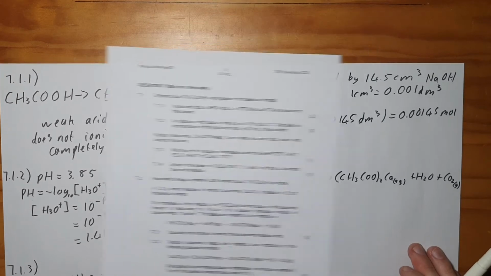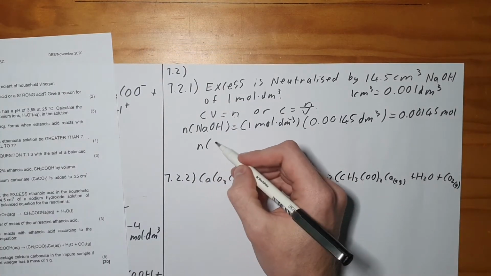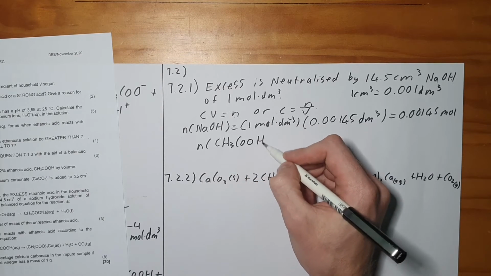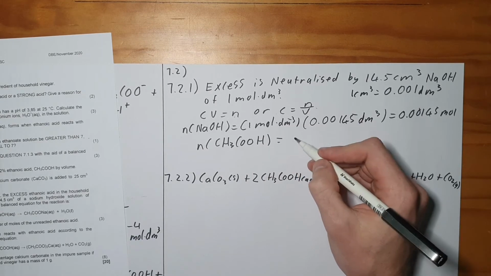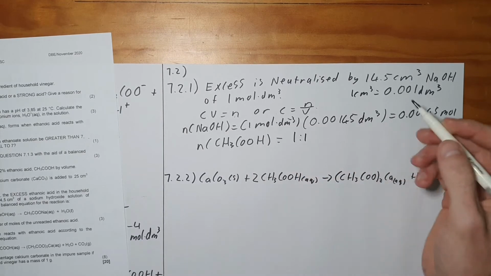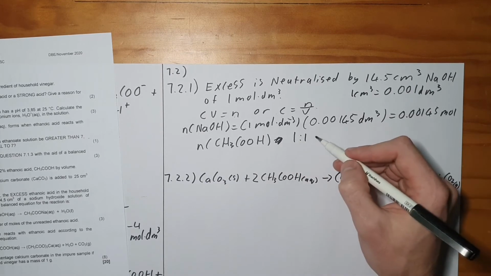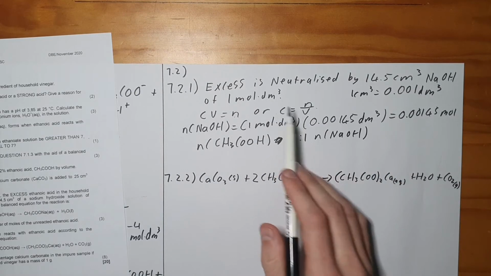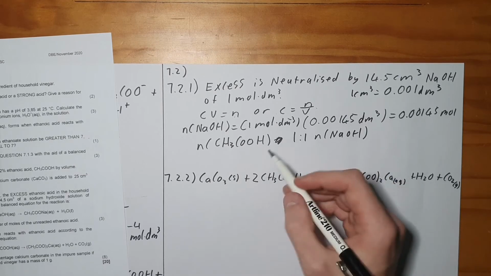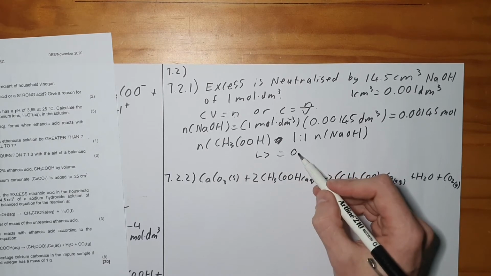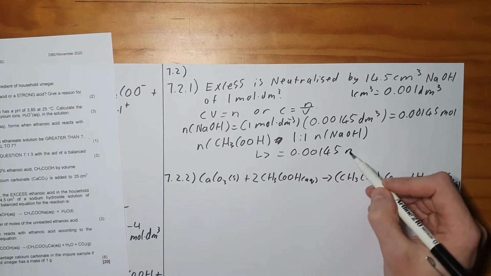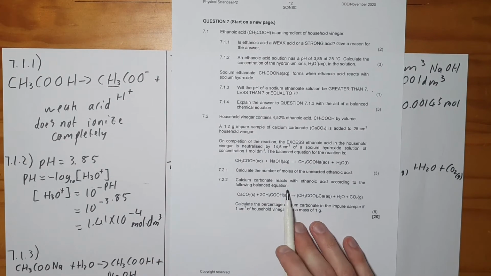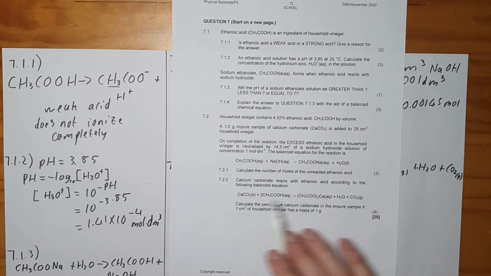Therefore we know that N for CH3COOH is going to be in a ratio of 1-to-1 with the moles of NaOH. So the moles of excess CH3COOH is going to equal 0.00145 moles.